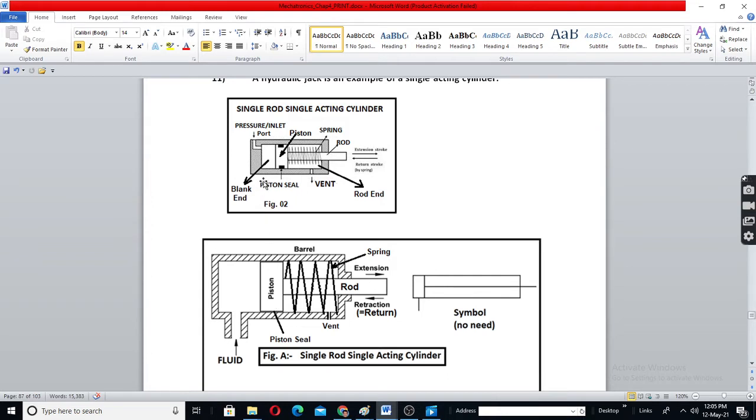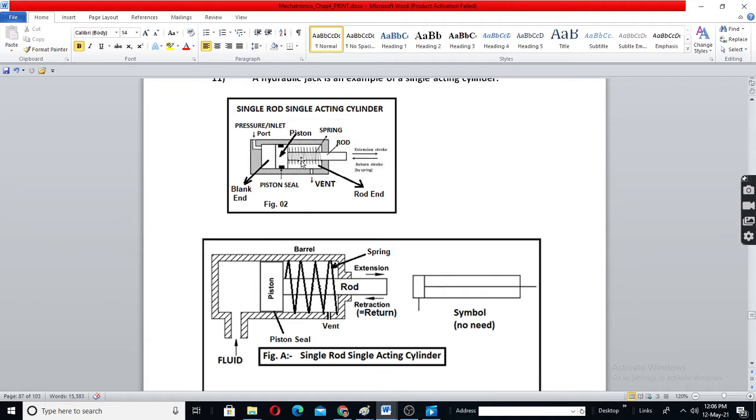Okay. So here, you can see, when fluid enters here, piston will move to the right side. You have here two ends.